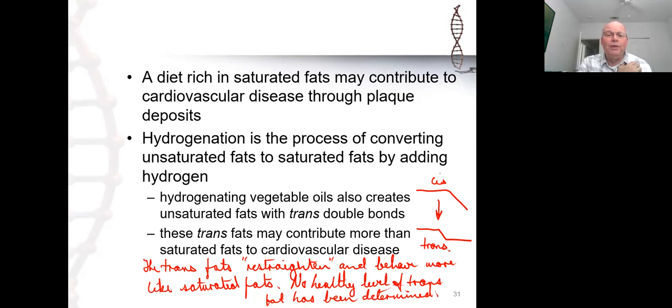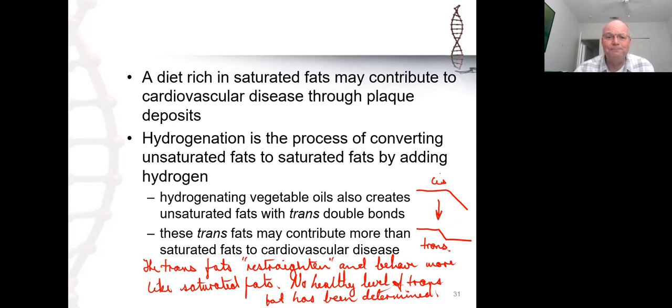Now, one of the interesting offshoots of all of this is Crisco. Crisco is a modified corn oil fat, and it is hydrogenated so that it is solid at room temperature, but it is a plant fat that has been manipulated. And the company that makes Crisco labels that there are trans fats in there, and they label how much trans fat is in there because they can't avoid it.